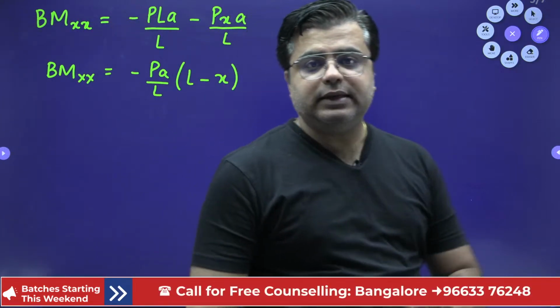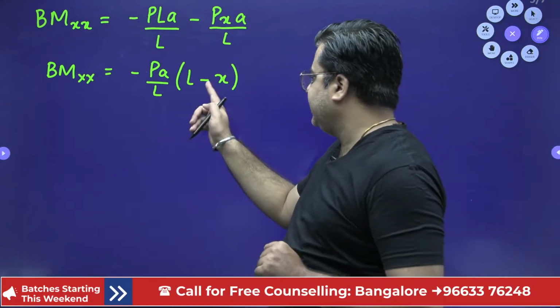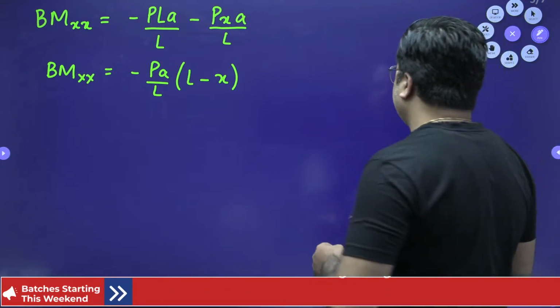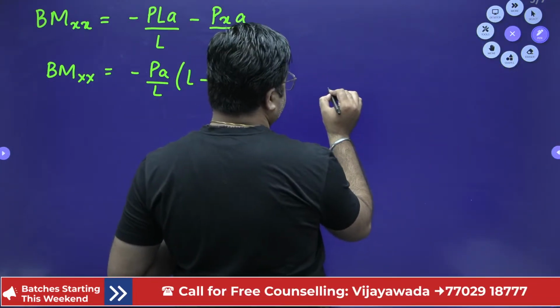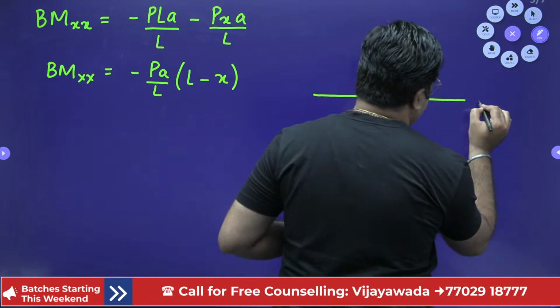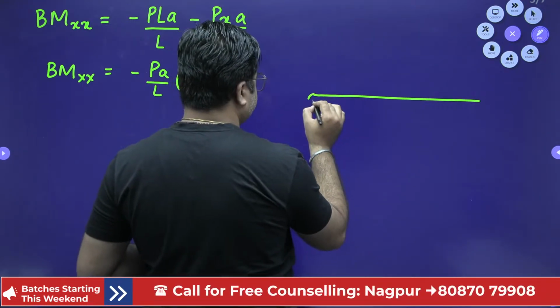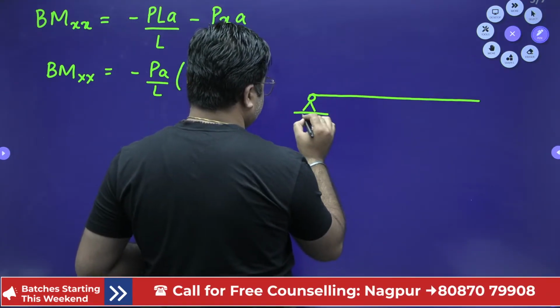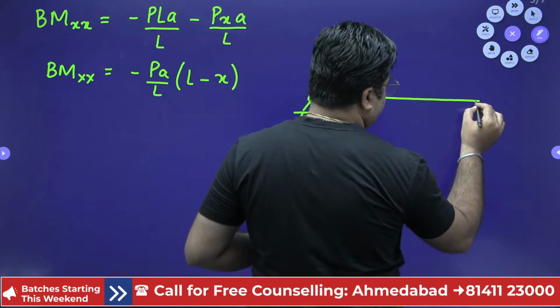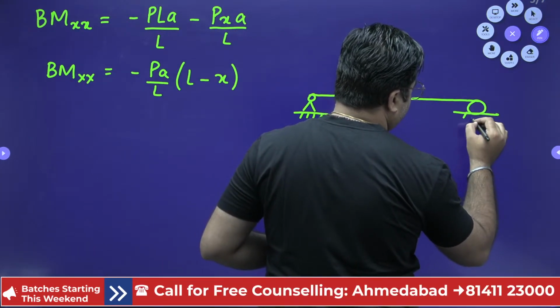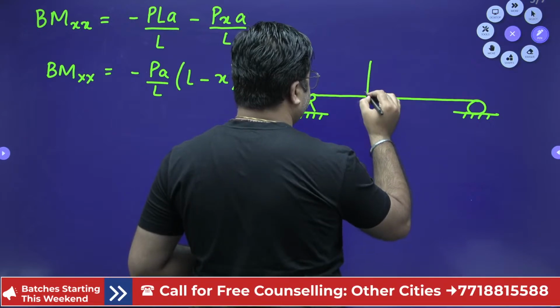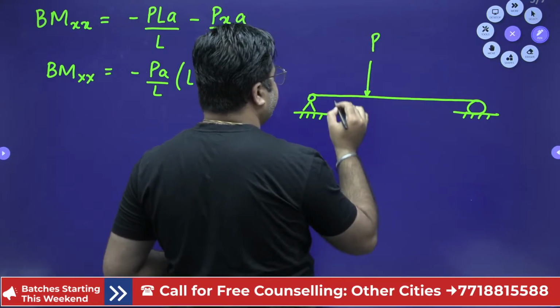Again, this is a straight line equation with a negative slope. So if I draw the bending moment diagram for this beam, this is my beam AB, right?